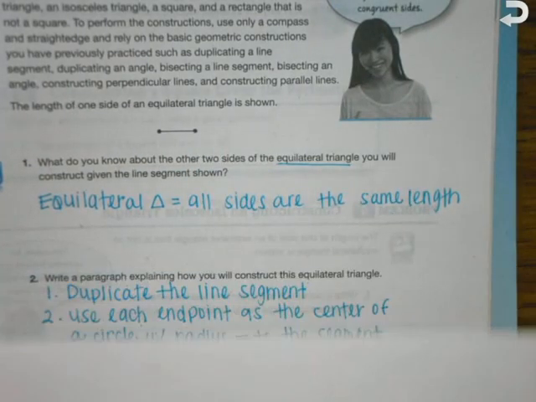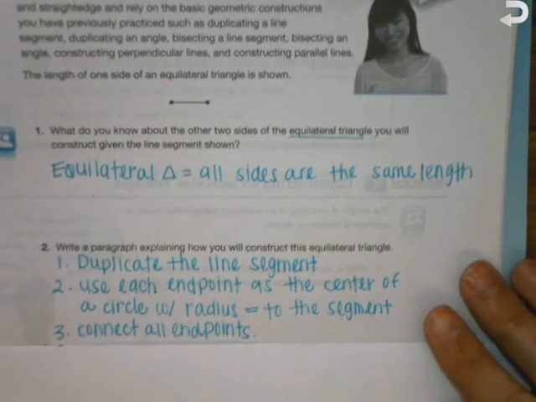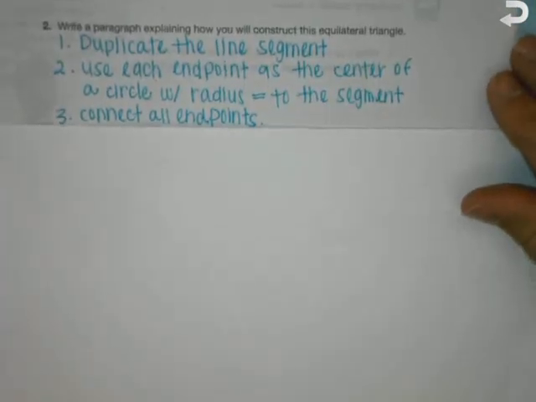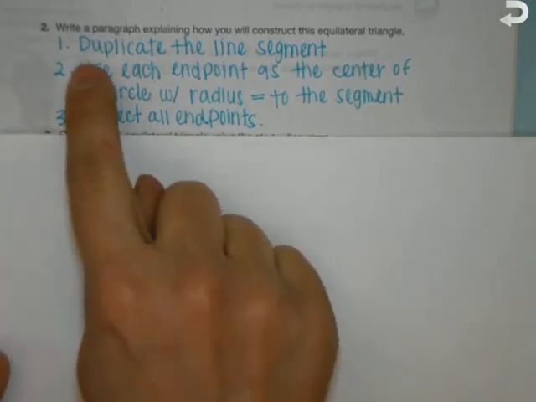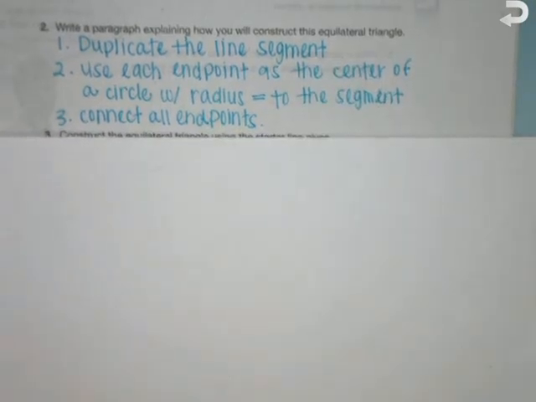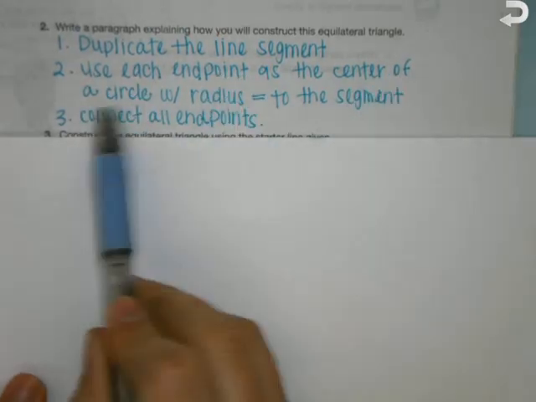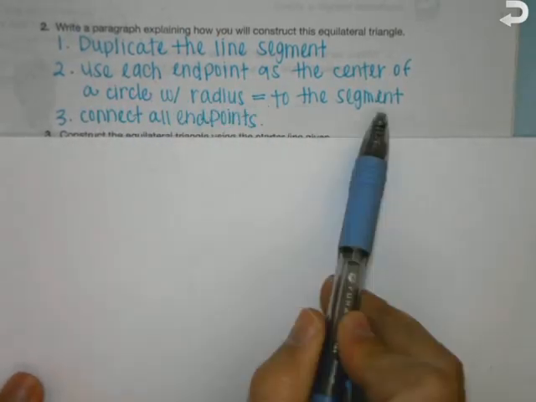So here are the steps to that. Number 2 says write a paragraph. I prefer steps, so here are the steps, and I want you guys to write them down so we don't forget. The first thing we're going to do is use our compass and straight edge to duplicate the line segment, which should be easy. That's like the first thing that we learned. Then, after we have the line segment duplicated on a starter line, we are going to use each endpoint as the center of a circle with radius equal to the line segment.